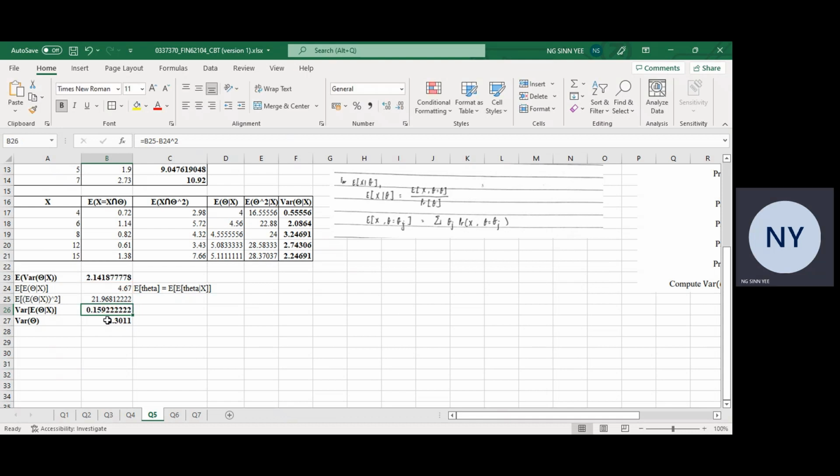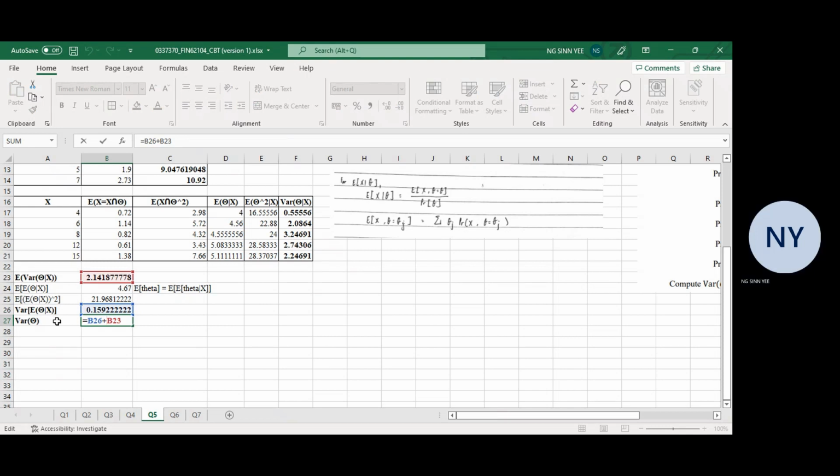After all, we will be able to get the variance of data easily by adding these two values, which are the expected value of the variance and the variance of the expected value, and we will be able to solve this easily.